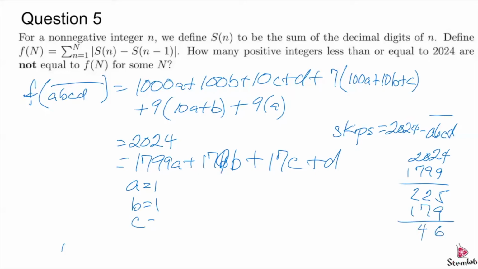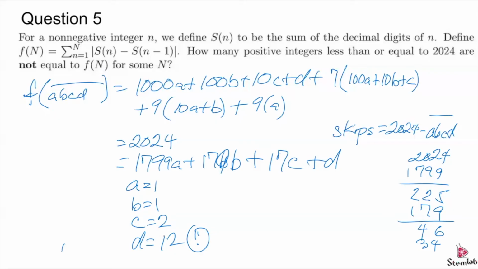So C has to be 2, leaving 12. But D ends up being 12, which can't be the case because we're dealing with digits. So that means something weird is going on around 2024 if we're trying to find a number that lands exactly at 2024.